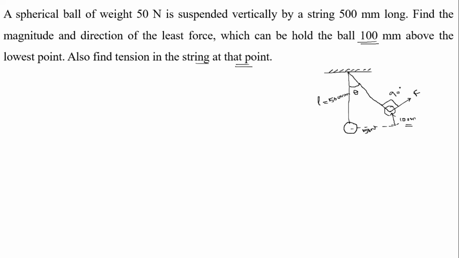The weight of the ball is acting downward, which is 50 Newton here. W is the weight of the ball, F is the force, and this is the direction of the string, with the tension T there.